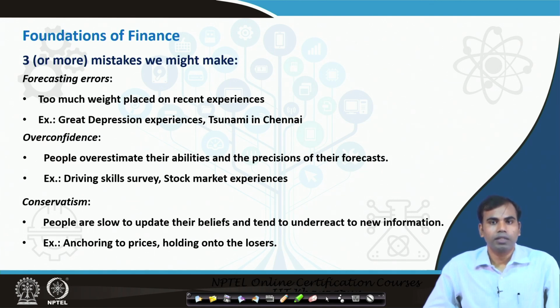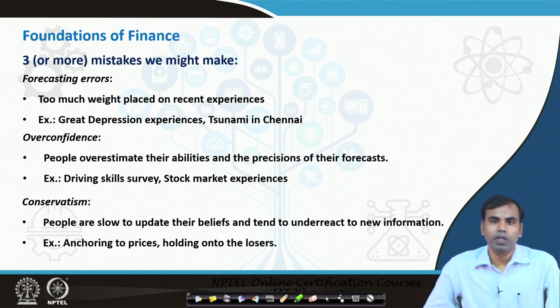Second systematic error that we might be making is overconfidence. For example, overconfidence as a mistake explains that people tend to overrate their abilities and skills, and in the process they make choices that might cost them heavily in terms of financial implications.